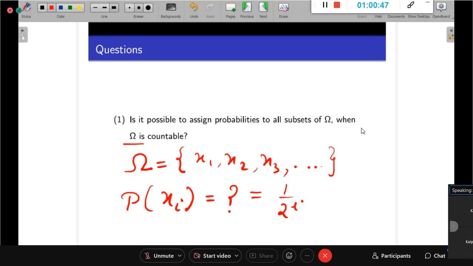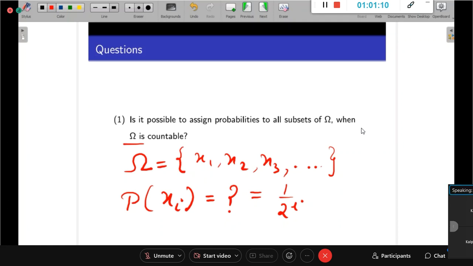Can you give me an example of a sample space which is uncountable? Can you give an experiment? Think about when omega can be uncountable.